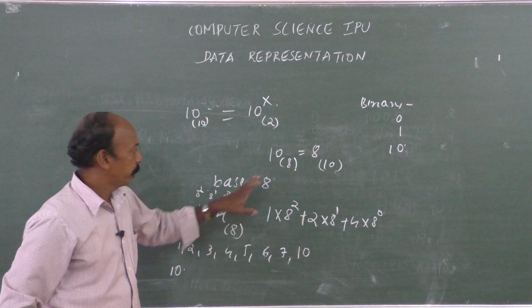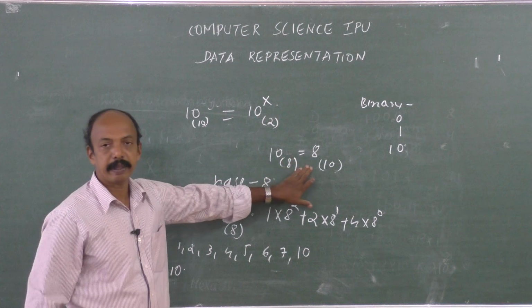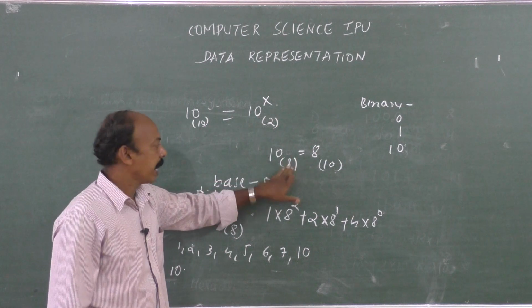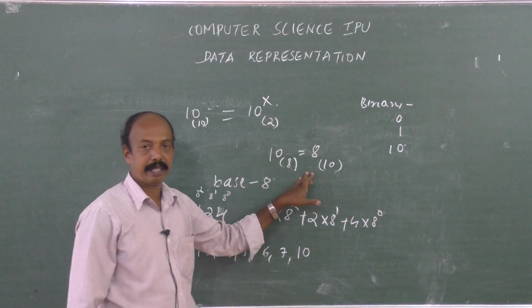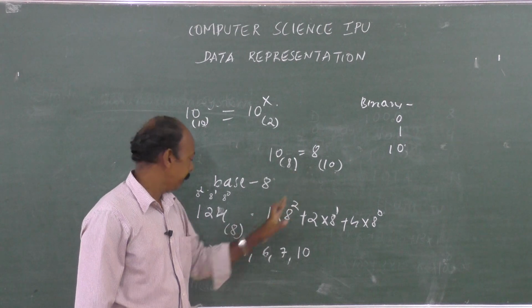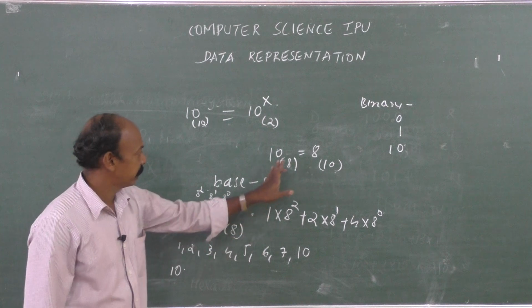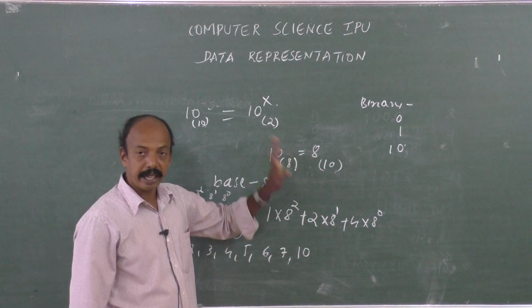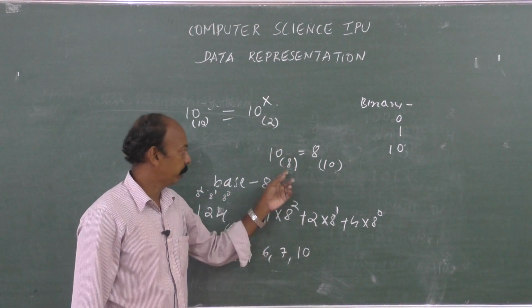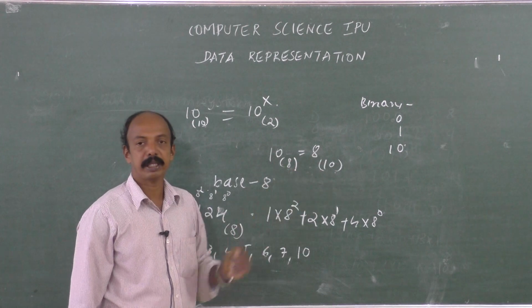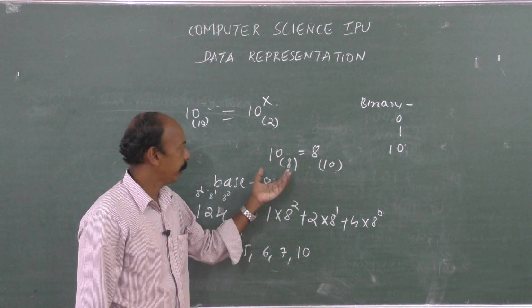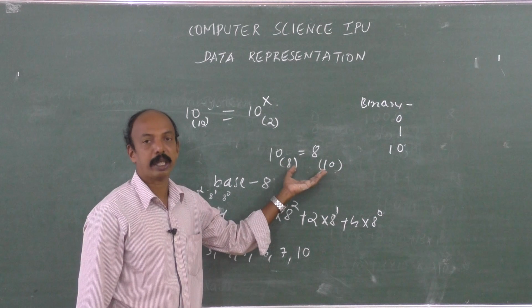Remember that. Usually we will go wrong here because 8 and 9 are not there. After 7 it's 1 0, but that 1 0 of the octal number system is not equal to 10 of the decimal number system. It's equal to 8 of the decimal number system. While converting, we have to be careful about all these points.